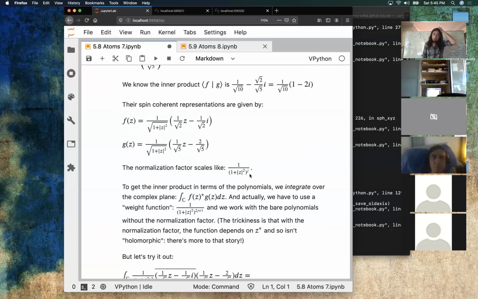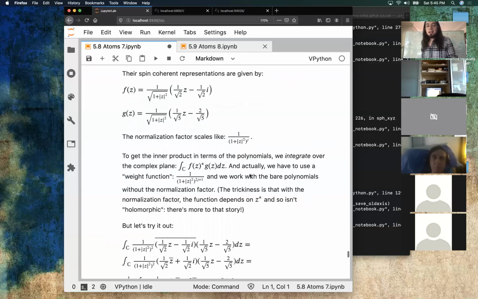Now, to express the inner product in terms of the polynomials themselves, ultimately what we're going to do is integrate over the complex plane. So we're going to be working explicitly in this infinite dimensional space of polynomials. And there, the inner product becomes an integral. We take the integral over the complex plane of the conjugate of f times g.